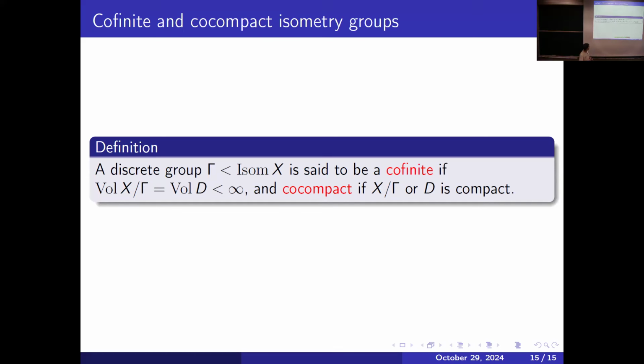So if it turns out that the fundamental domain has finite volume, then my group gamma is said to be cofinite. And it is said to be cocompact if the quotient or the fundamental domain D is compact.